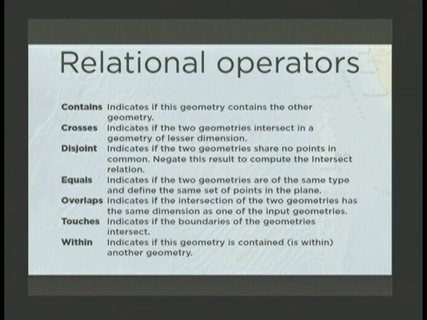Overlaps, basically two polygons or two lines that just sort of Venn diagram over each other. Touches, again, is one of those things where you've got a point right on the edge of a line or a polygon, or a line that goes along the edge of another line on a polygon, something like that. And then within is again another completely contains.